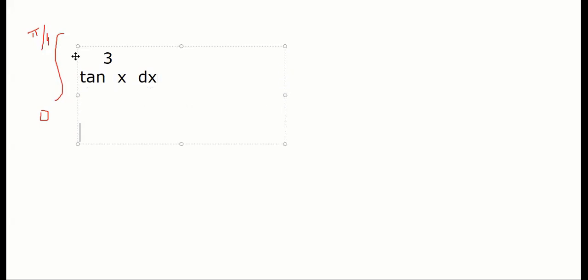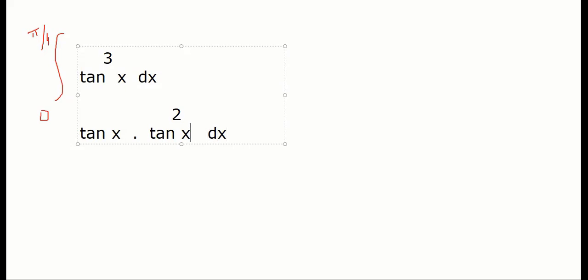So first thing, you'll write this as tan x into tan square x, right? Can anybody tell me why we are writing tan cube x as tan x into tan square x? We know differentiation of tan x is secant square x, and we also know tan square x and secant square x have a relationship.